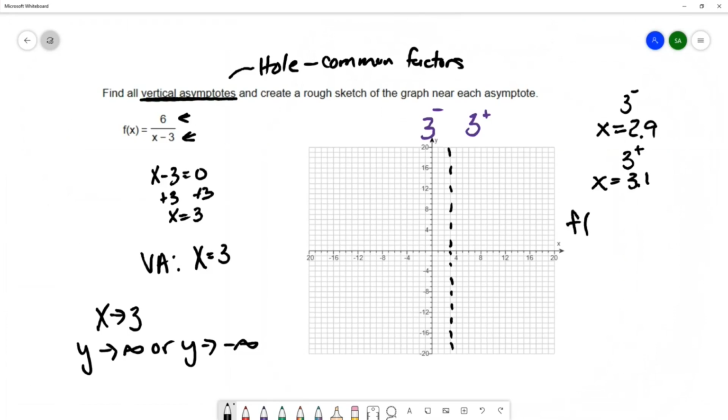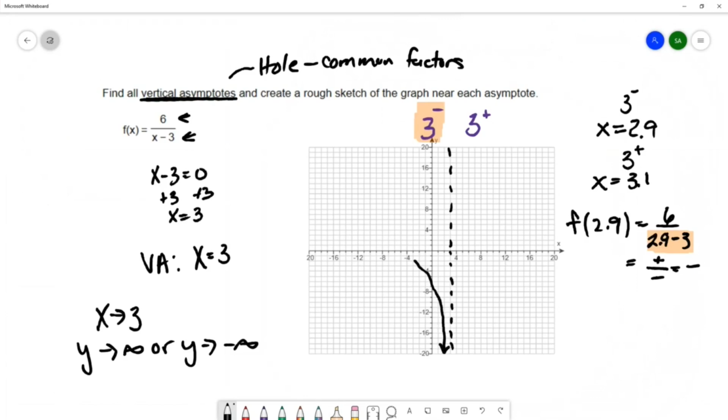So f of 2.9 is 6 over 2.9 minus 3. And this denominator, 2.9 minus 3, is going to be negative. And we have positive in the numerator. Positive divided by negative is a negative. So what that tells me is that on the left side, below 3, the graph will approach negative infinity.